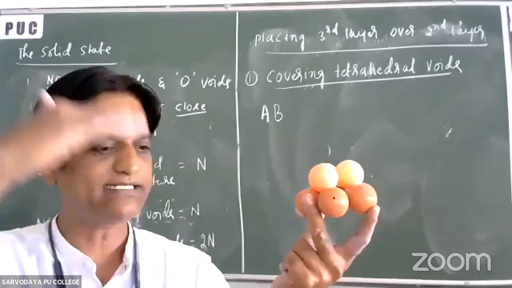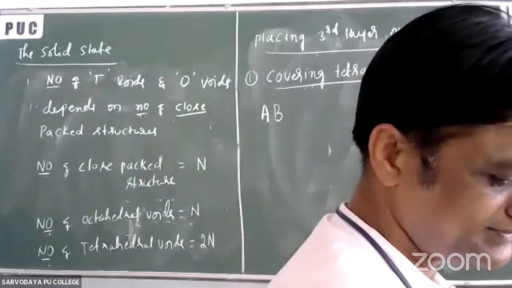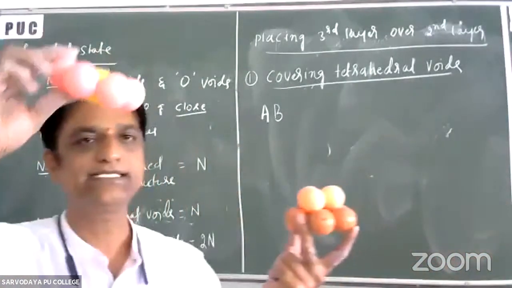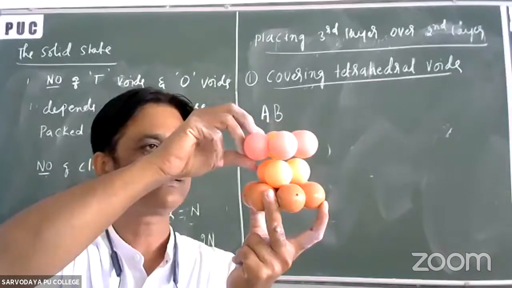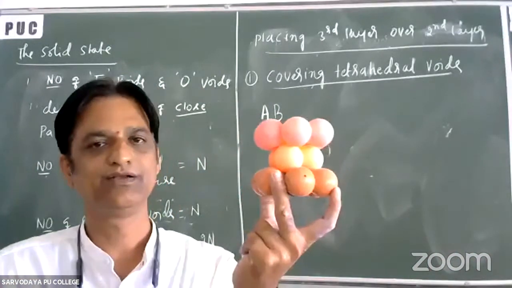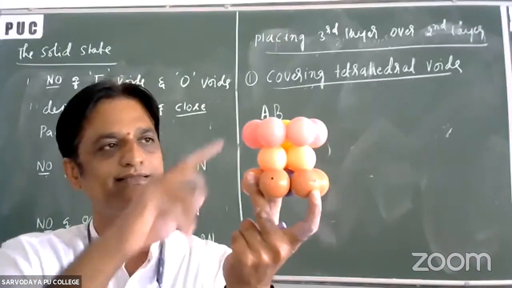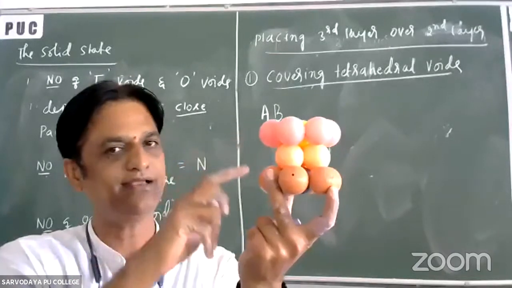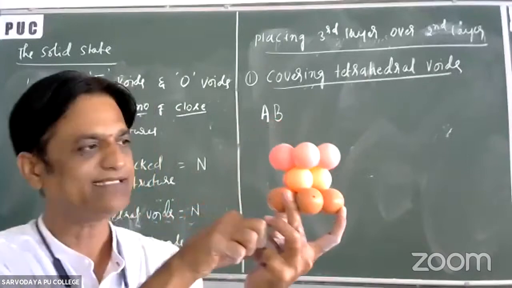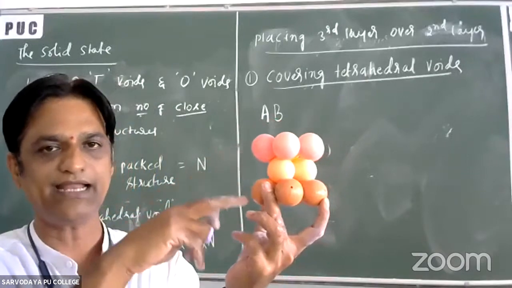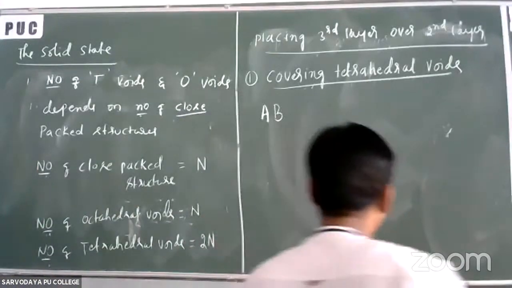And how are you going to place the third layer? Let us take this as the third layer, and I am placing the third layer in this way. See, the alignment of spheres in the third layer and the alignment of spheres in the second layer is the same. That's why I can call the third layer A only.